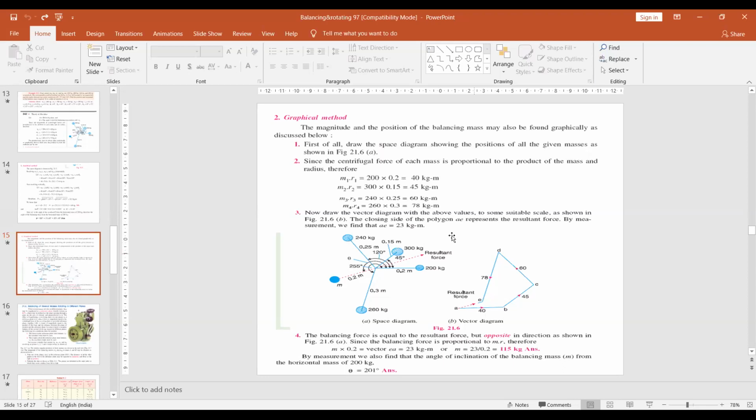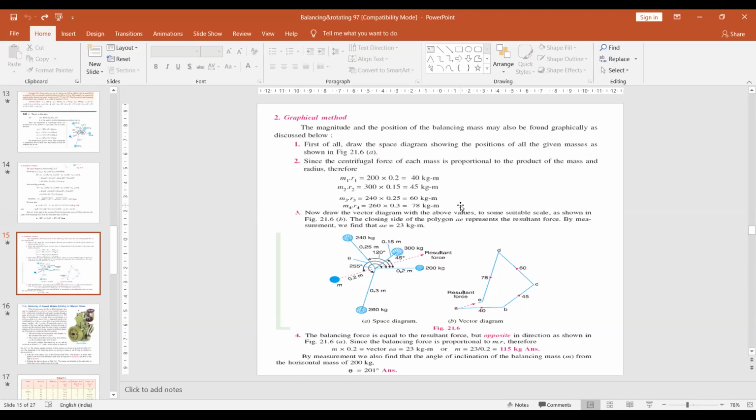And later, when you have M1 R1, M2 R2, M3 R3 and M4 R4, you set up the scale, which is convenient to draw in our notes or on an A4 sheet.